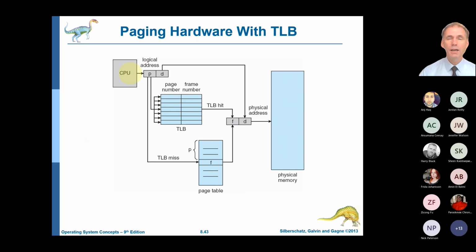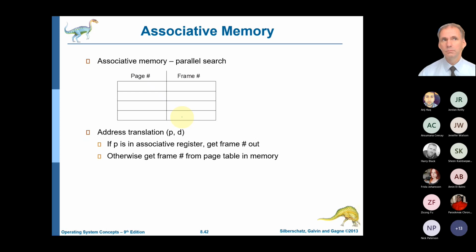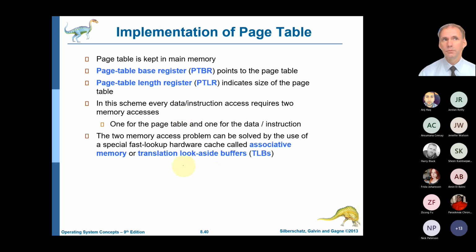So when the CPU asks for an address, this is a logical address that the program has asked for, it asks for it in two parts. It gives a page and an offset. That page is then checked against the associated frame number in the TLB. Translation look-aside buffer.